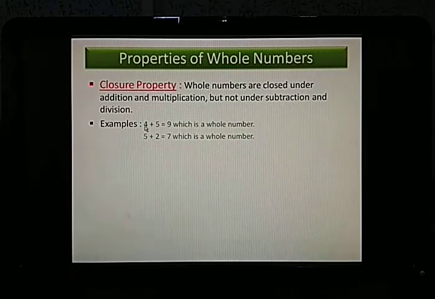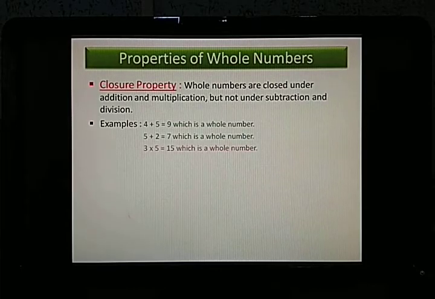Here I have added a small number with a large number, and the resultant number is a whole number. In the second case, I have added a large number with a small number. I have seen both cases, and the result is a whole number. So in the case of addition, the closure property is satisfied.